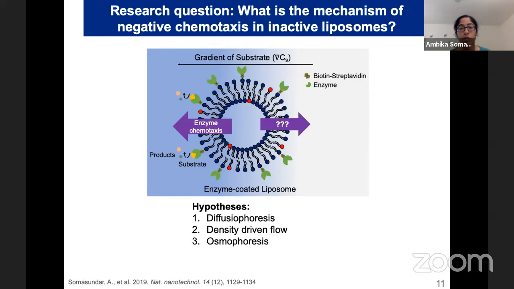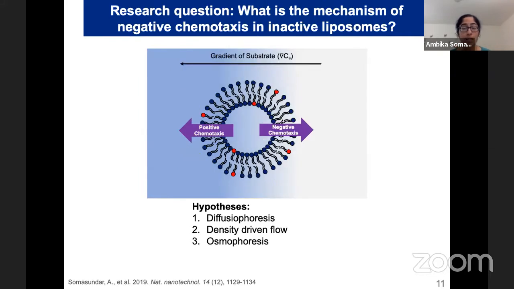For the rest of the talk, I'm going to be discussing how lipid vesicles without enzymes act in various gradients. We had a couple of hypotheses that we wanted to test, and spoiler alert, we were able to rule them out, and our current standing hypothesis is a Hofmeister series-driven solute-phospholipid interaction-based chemotaxis.